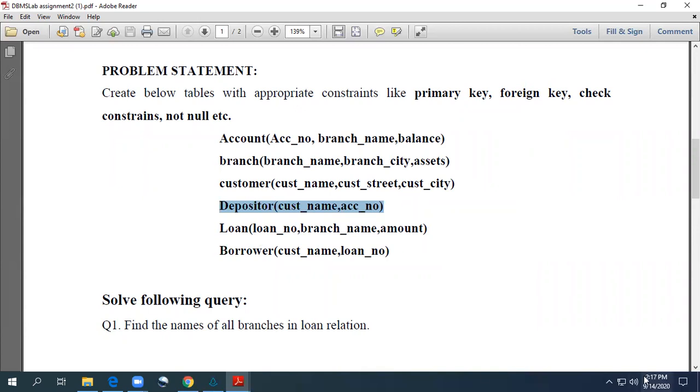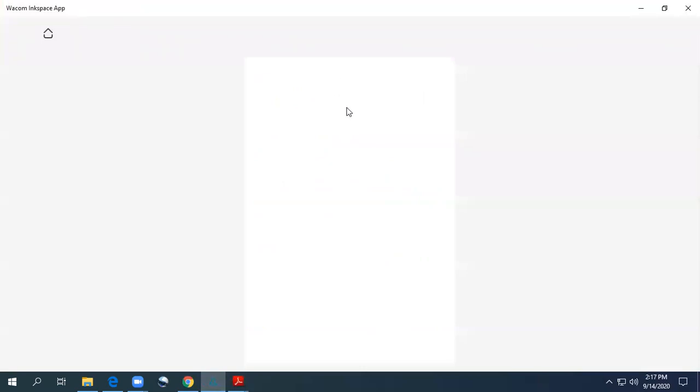So see, students, how we can do this. Also you can remember that in the depositor relation there are two fields, customer name and account number. In the borrower relation there are two fields, customer name and loan number, right? So we'll see the solution. My first table is depositor with the two fields, customer name and account number.